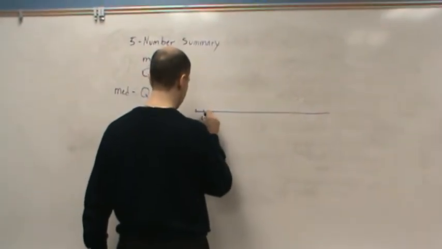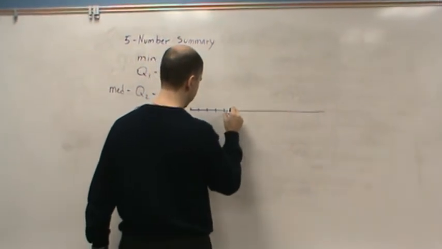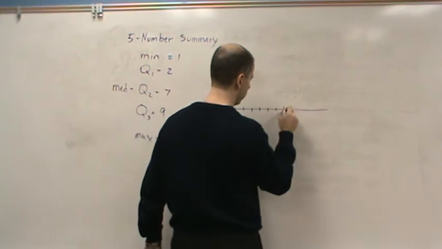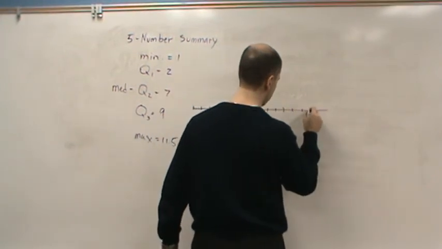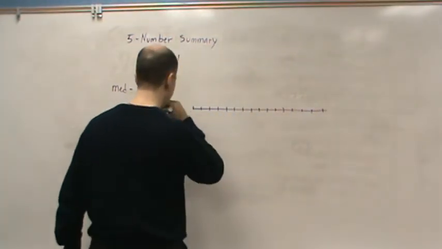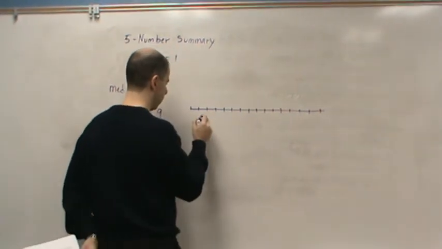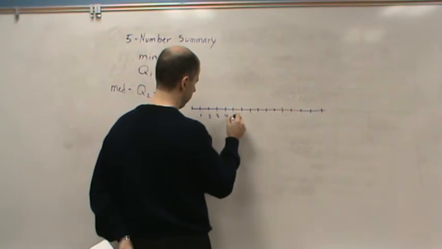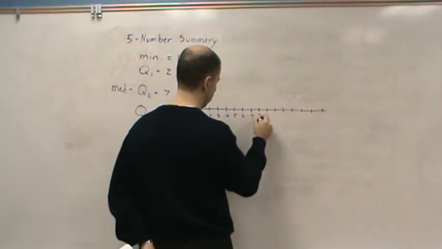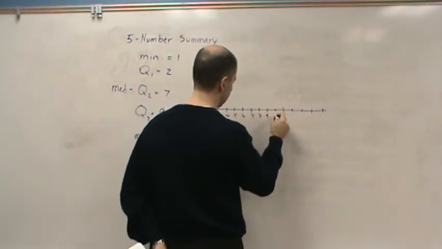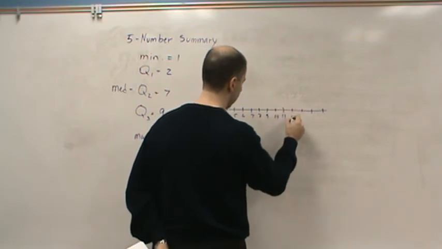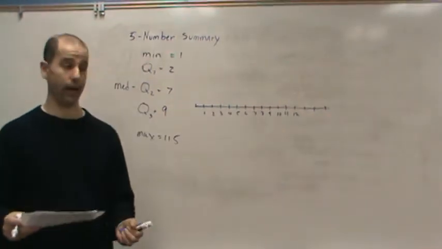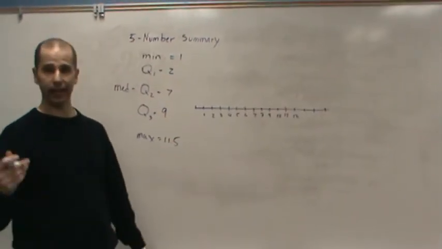I'm just going to count out with tick marks: 1, 2, 3, 4, 5, 6, 7, 8, 9, 10, 11, and 12. Again, the scale depends on the context of the problem. I just did it by ones because I had enough room.